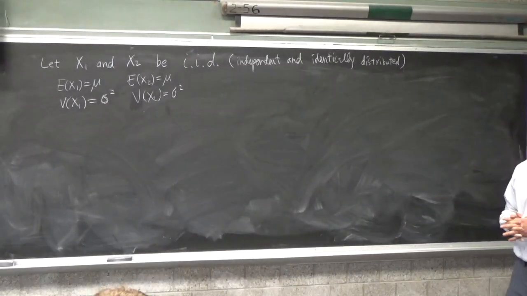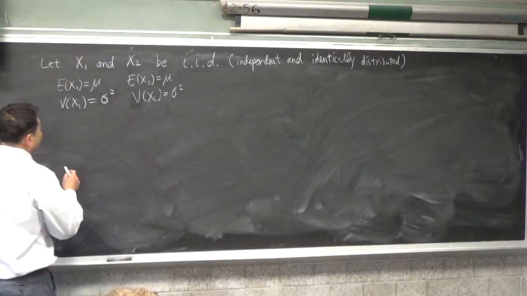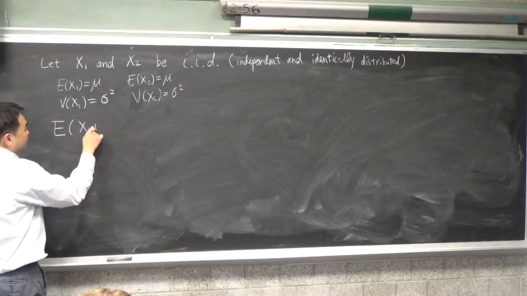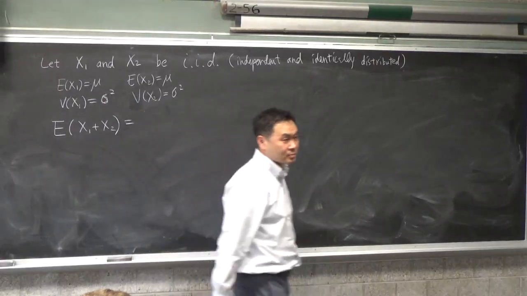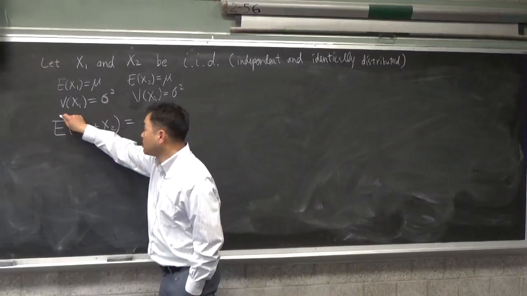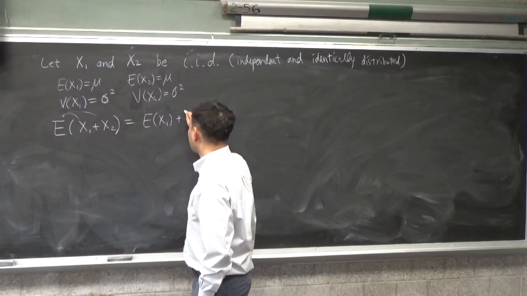Okay. So assuming this, what I want to show you is the following. What is E of x1 plus x2? Well, expectation values are linear. You can just take them separately.